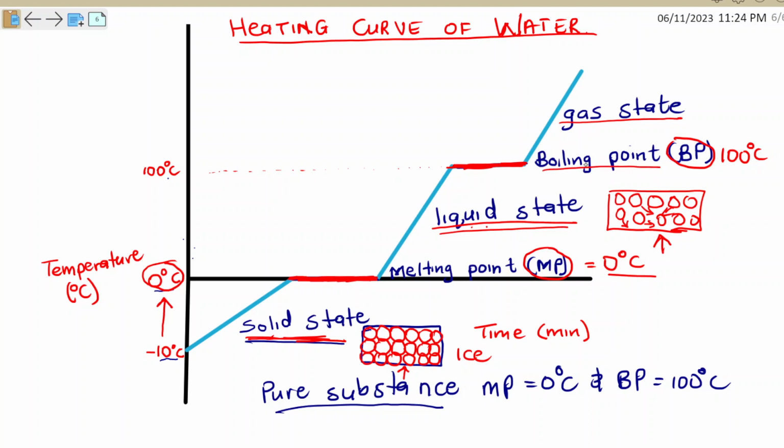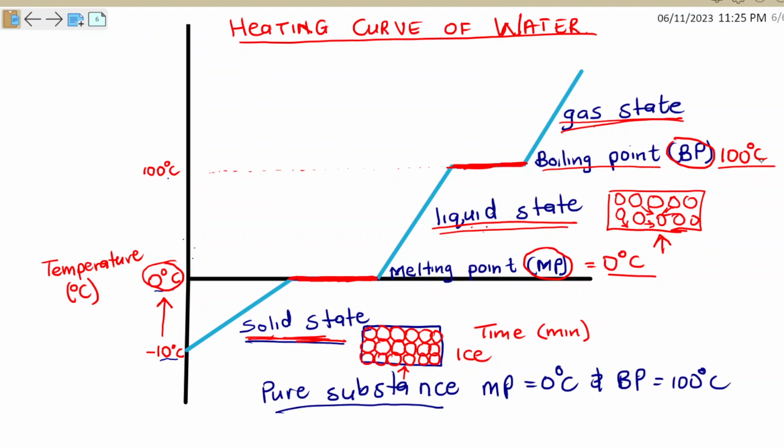A boiling point is a temperature where the liquid state of a substance becomes a gas. So boiling is when the liquid becomes a gas. And what temperature is that?